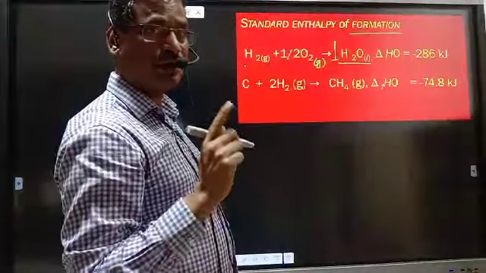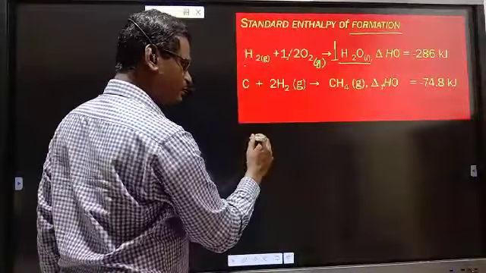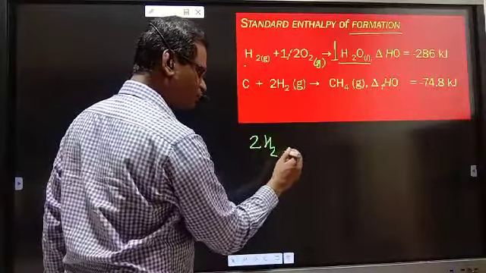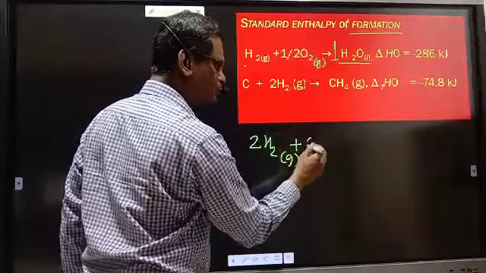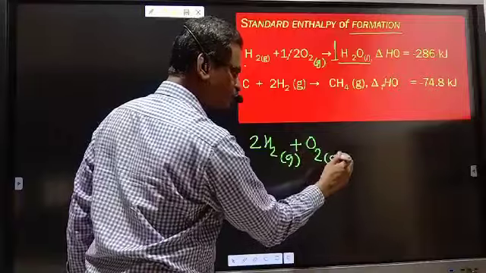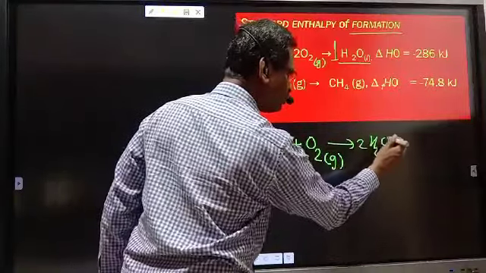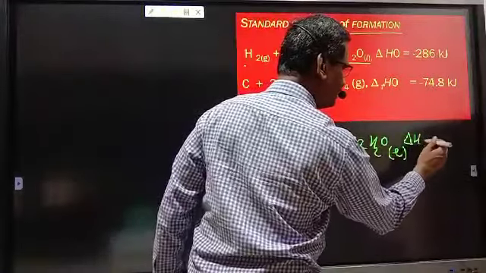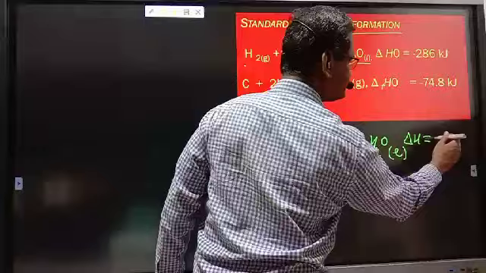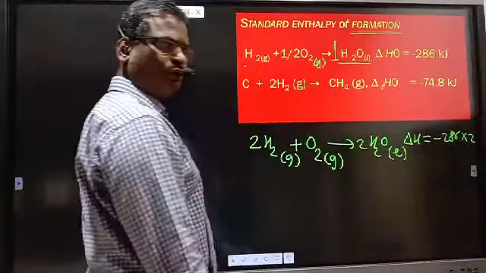How many moles are formed? Only 1 mole. See, this reaction we can also write like this: 2H2 gas plus, instead of half O2 we can write O2 gas, converted to 2H2O liquid, and the value of delta H will be double, minus 286 multiplied by 2.